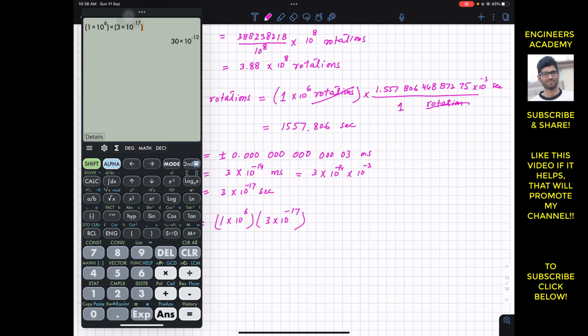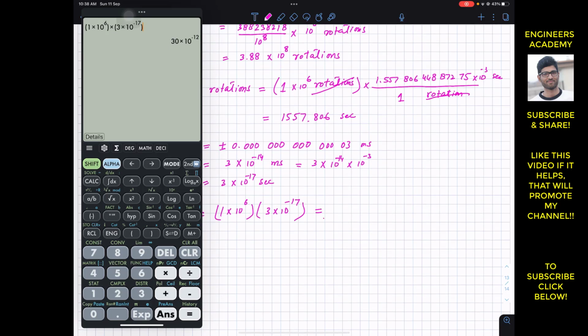So this gives us 30 into 10 raised to the power minus 12, or we can say that this is 3 into 10 to the power plus 1 into 10 raised to the power minus 12. This will be in seconds, remember. So this is 3 into 10 raised to the power minus 11 seconds.